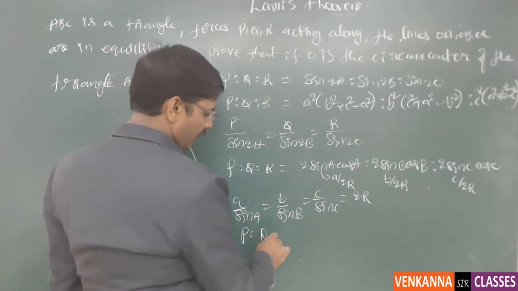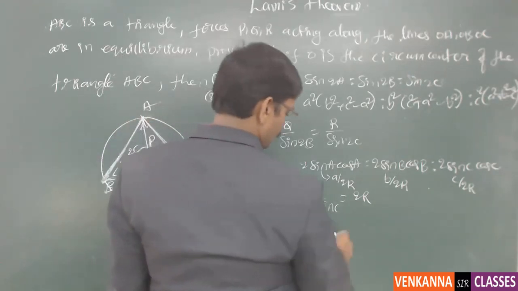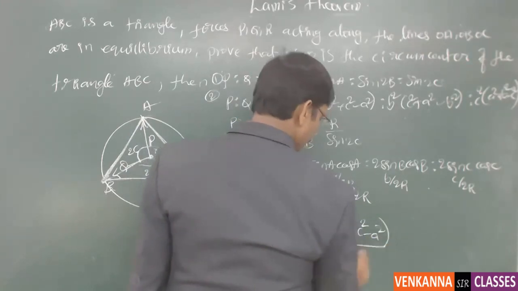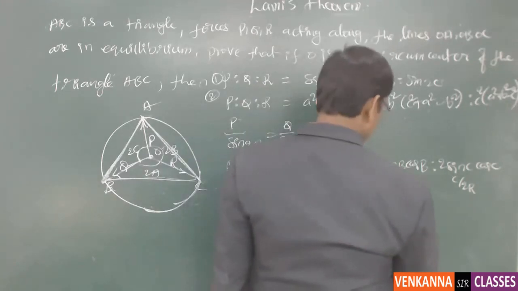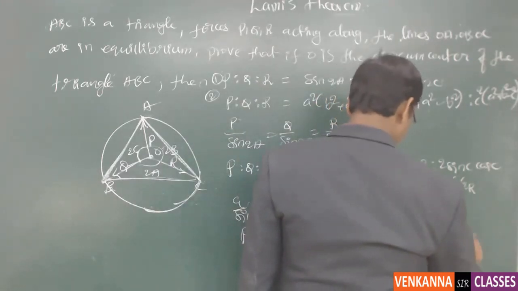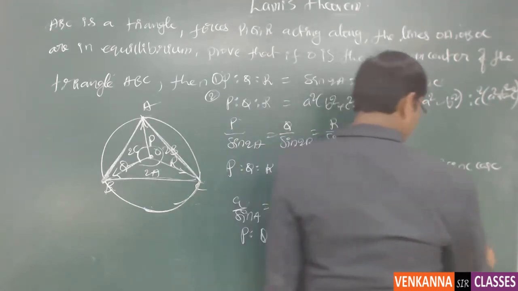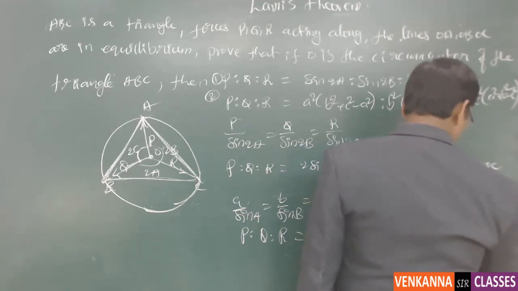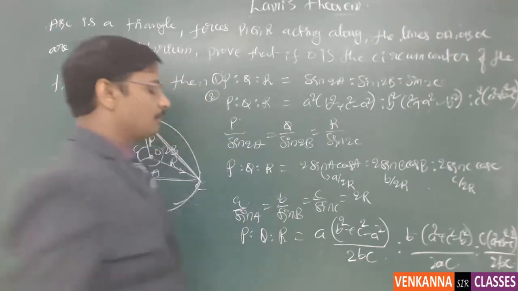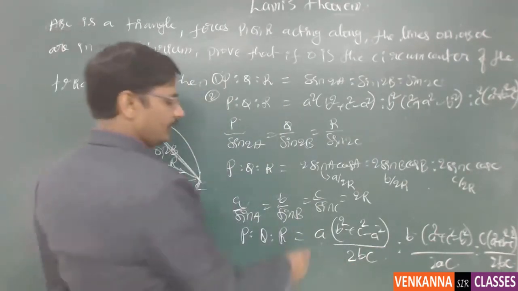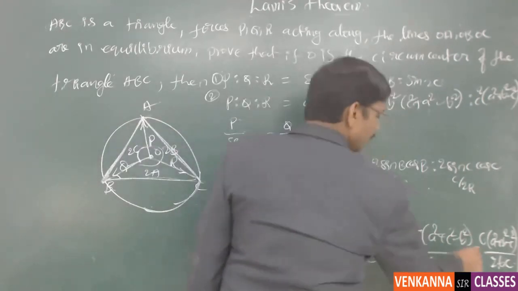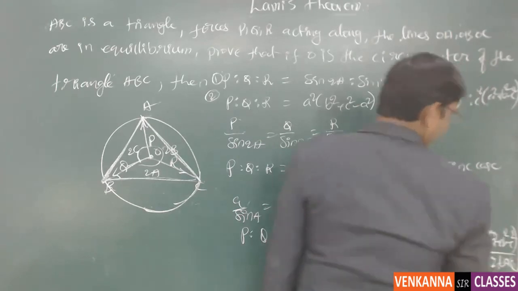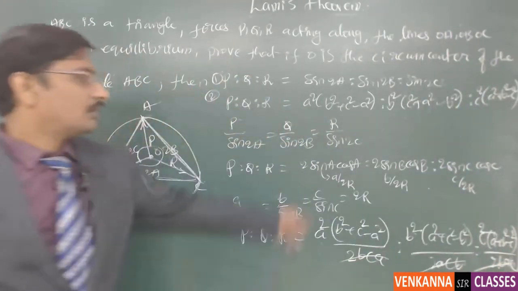So P is to Q is to R is equal to A into cos A, where you replace cos A with B square plus C square minus A square divided by 2BC, and similarly B into A square plus C square minus B square divided by 2AC is to C into A square plus B square minus C square divided by 2AB. Now if you multiply numerator and denominator by whatever is missing in the denominator, this will be A square, B square, C square, and ABC. Now this will cancel out, so whatever is left over is our answer.